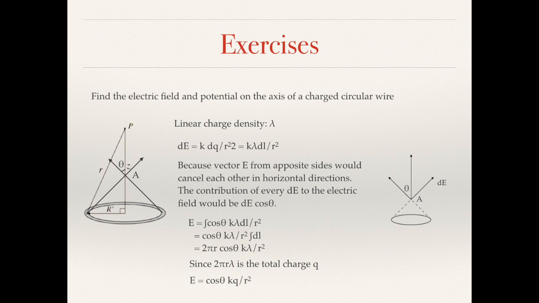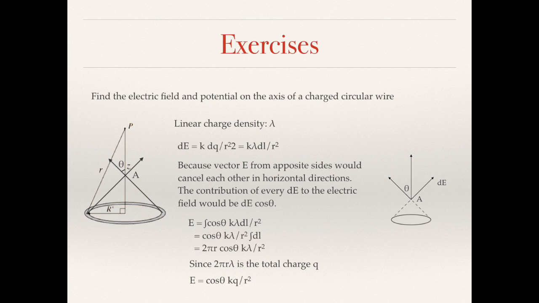So repeating the result that we got on the last slide, dE is equal to K dQ over R squared, and it's equal to K lambda dL over R squared. And each dE's contribution to the overall electric field is cosine theta times K lambda dL over R squared.